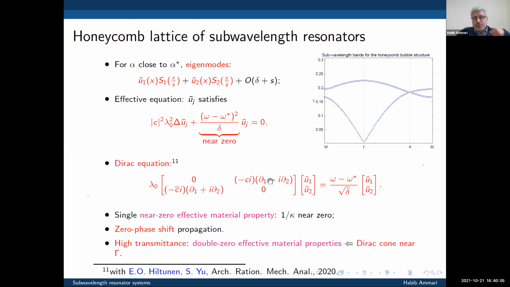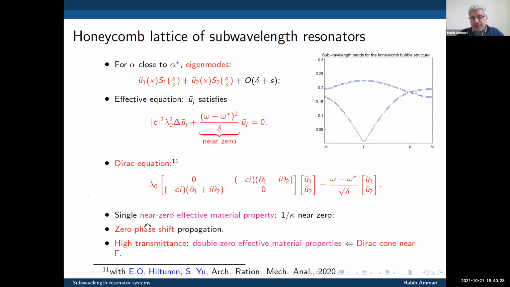So look at this effective equation. The frequency here is near zero, which means that there is almost zero phase shift propagation if you send a wave inside this honeycomb lattice of subwavelength resonators. Which is great.